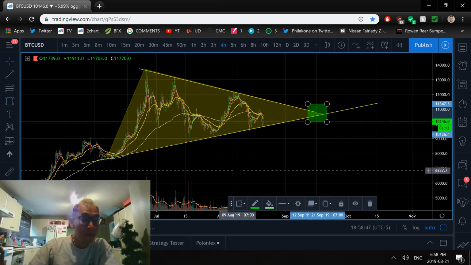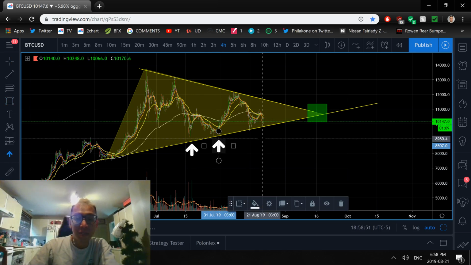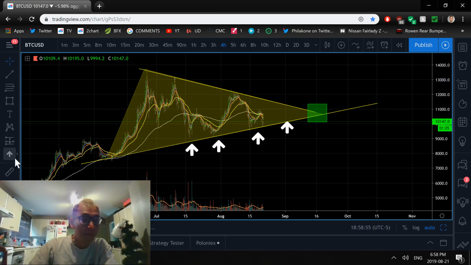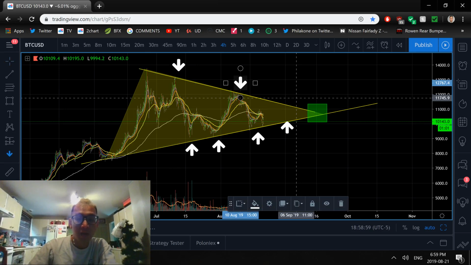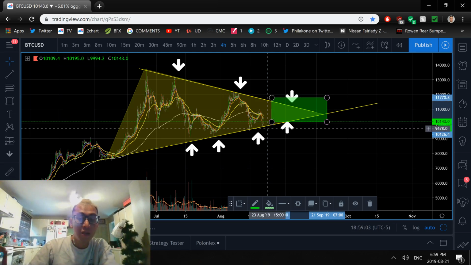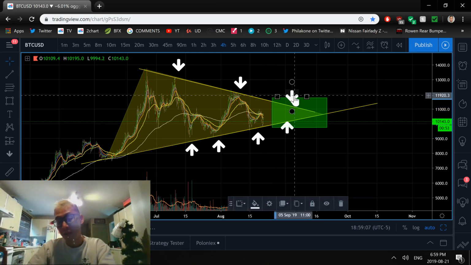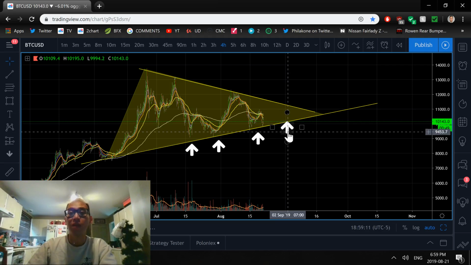For those that are unfamiliar with how symmetric triangles work, they work like this. They're going to be pushing down on it, pushing down on it, and eventually when you get closer to the apex, that is when it actually starts to do something. It has a chance of breaking up or down.